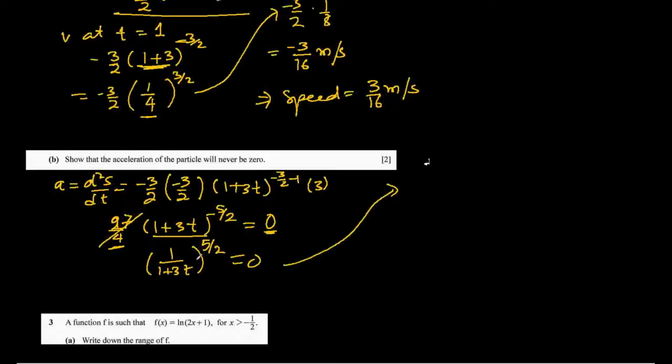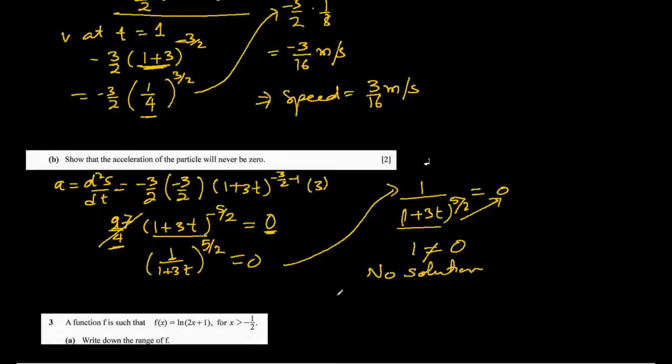Now, there is no possibility of making it 0. Why? Because 1 to the power 5 over 2 will be 1, and 1 plus 3t to the power 5 over 2 equal to 0. With cross multiplication, 1 will be equal to 0 times the other, which is a wrong statement. So we know that there is no solution.